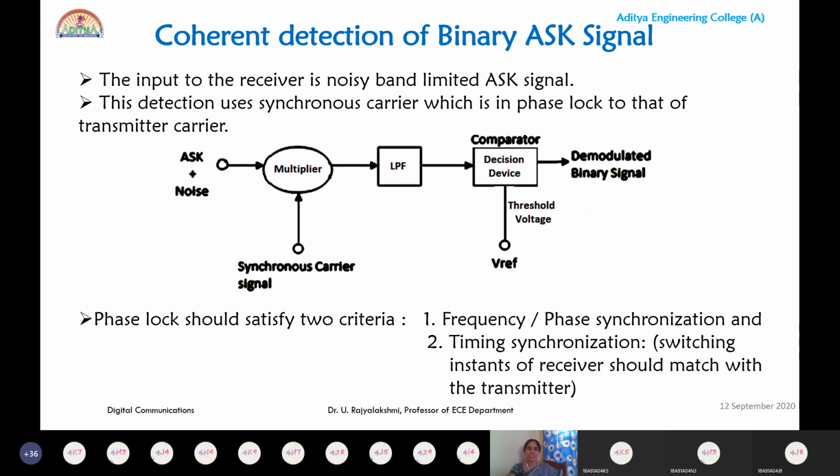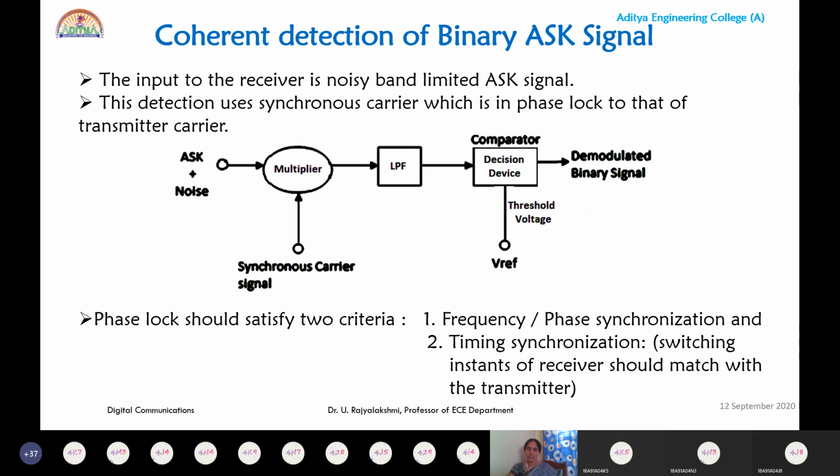Now what is synchronization actually? The synchronous carrier should be in phase lock with the transmitter carrier. The synchronous carrier is also called the coherent carrier, which is in phase lock with that of the transmitter carrier.